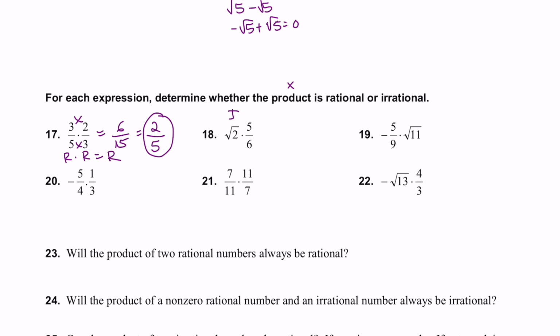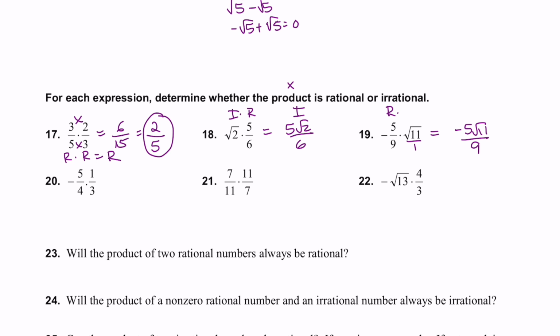Now on 18, we have an irrational number times a rational number. This is going to be 5 square root of 2 over 6, which is an irrational number. 19, if we make this over 1, negative 5 times square root of 11 is negative 5 square root of 11 over 9.